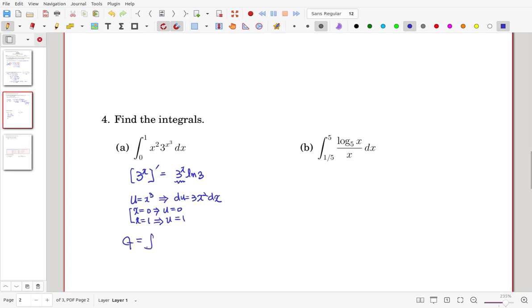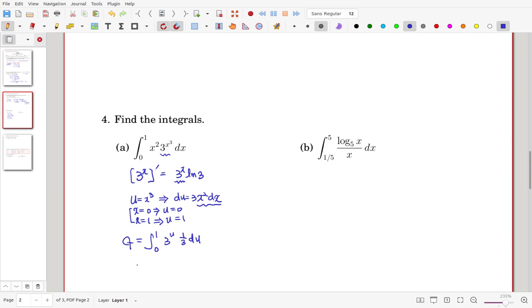Now u integration from 0 to 1. Now here u is x cubed, so that this portion is changed into 3 to the u, right? And then x squared dx is now 1/3 of du.